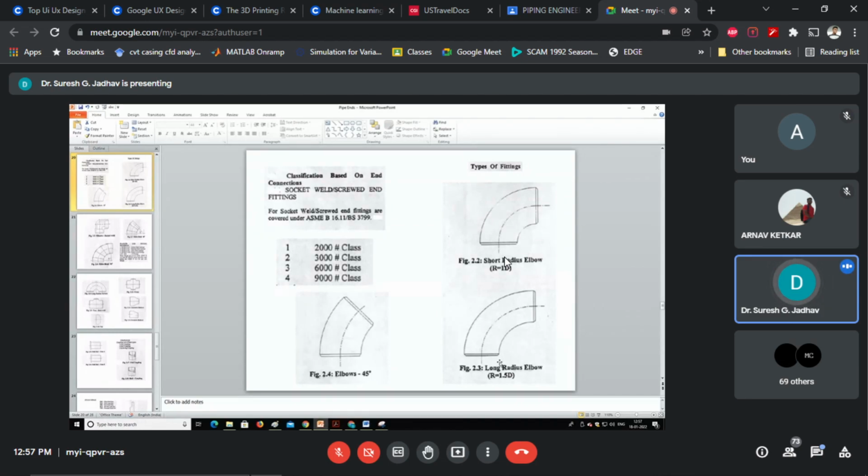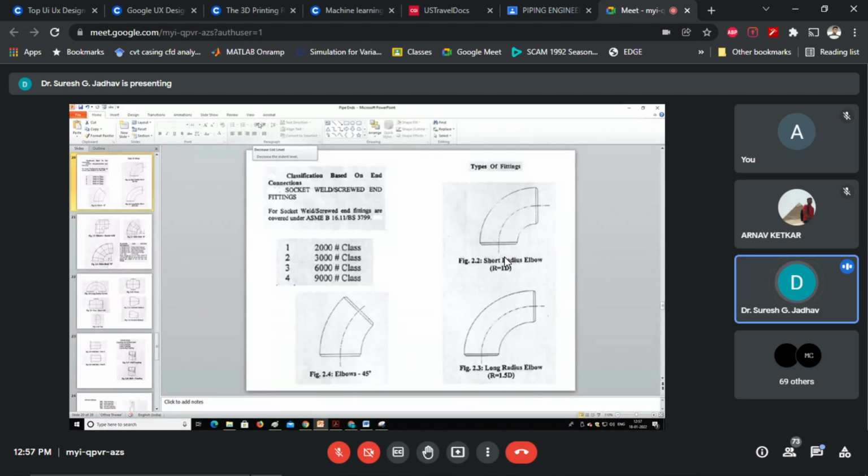2000 class is applicable only to screw fittings and is covered only in ASME B16.11, and pipe thickness for this class is schedule 80 or XS. Next is the 3000 class.